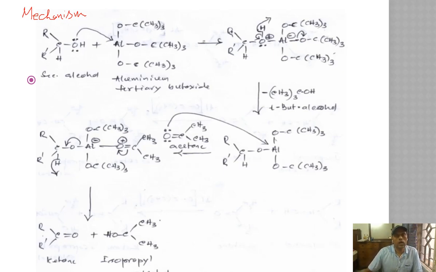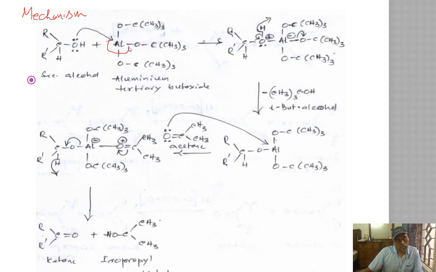This is aluminum tertiary butoxide. It is going to happen in the presence of aluminum tertiary butoxide. Now this oxygen will have the pair of electrons. It is ready to give the electrons. It has the electrons on it.